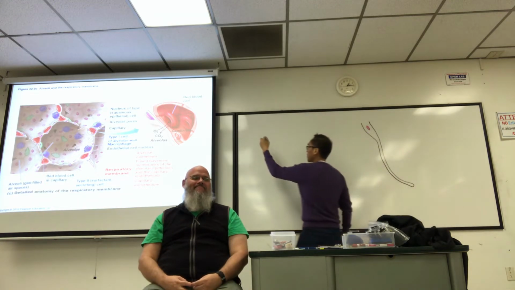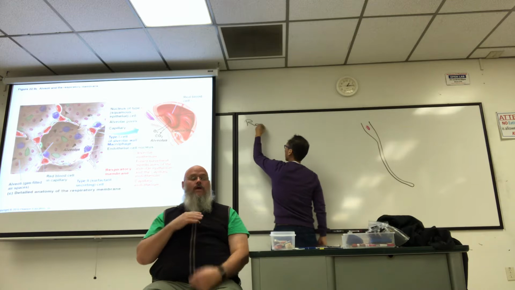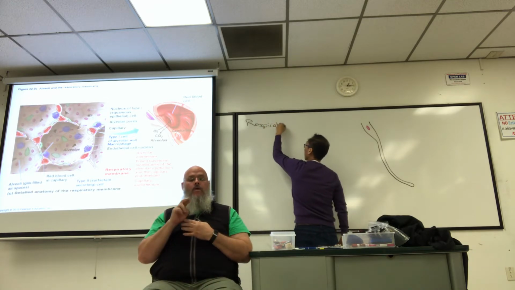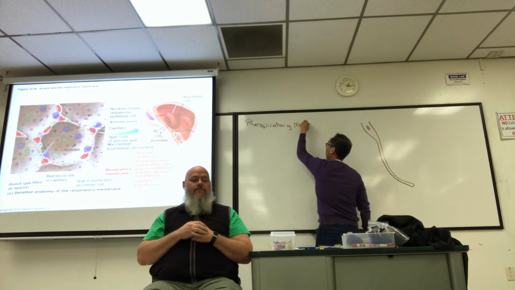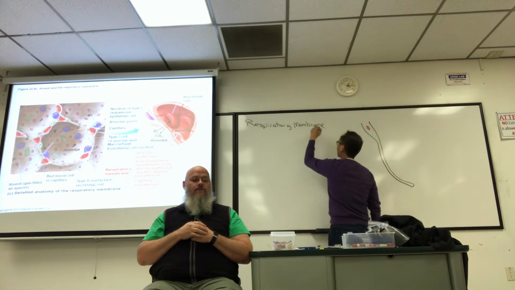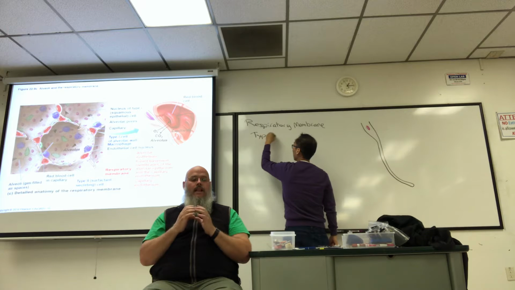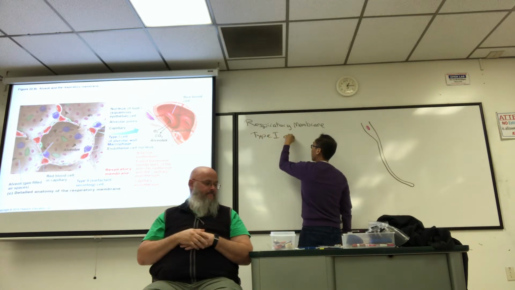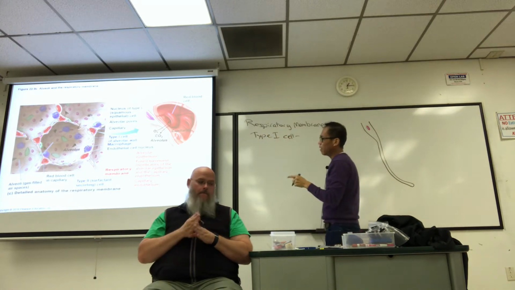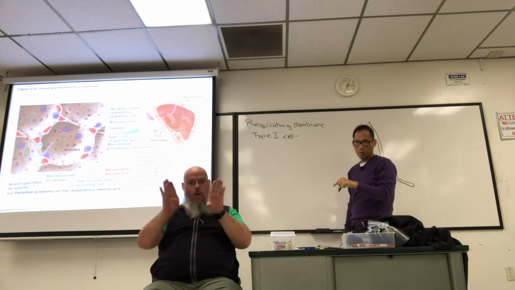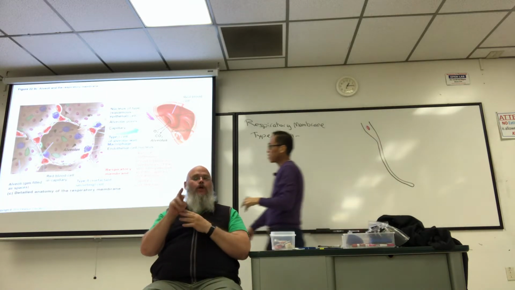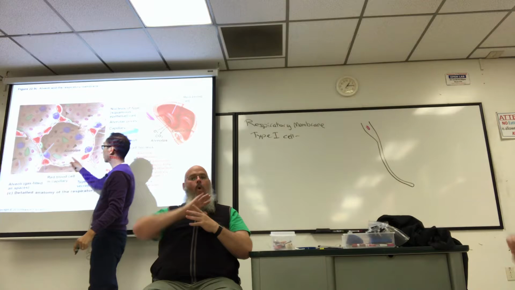So in defining the respiratory membrane, type 1 cell. This is the main cell of the alveolar wall. It's all of the cells you see here, most of them.